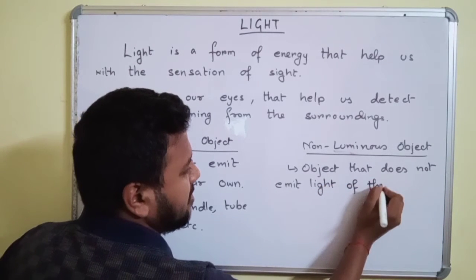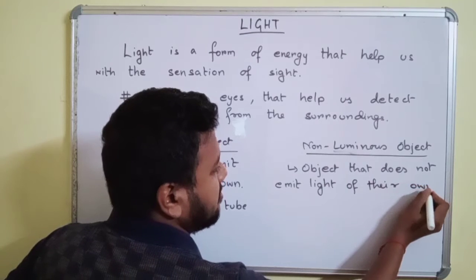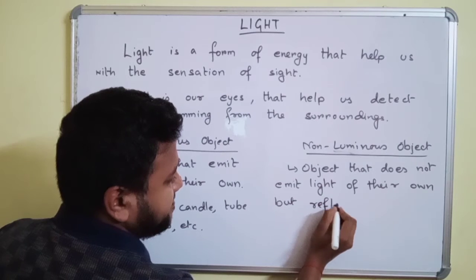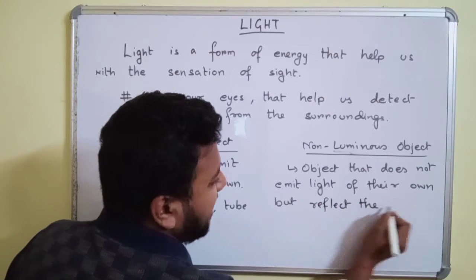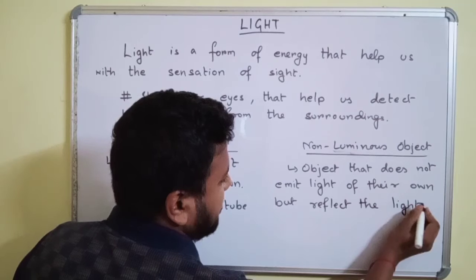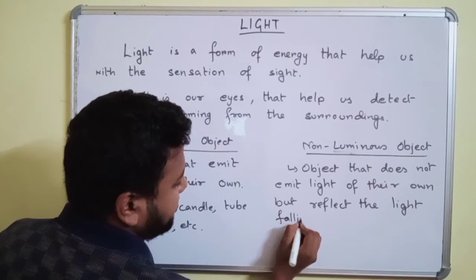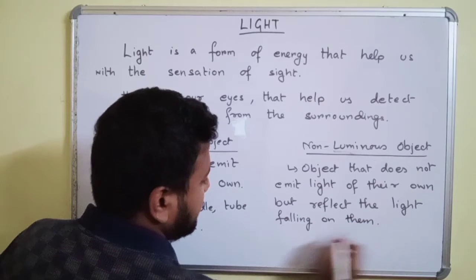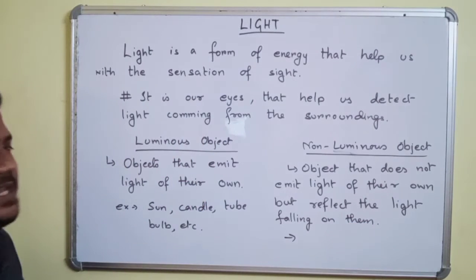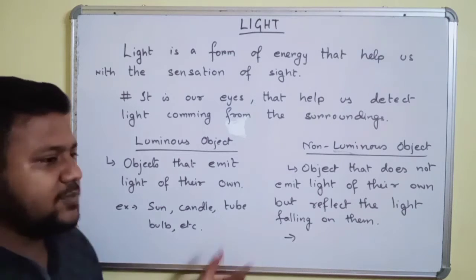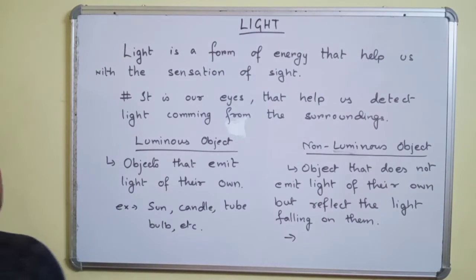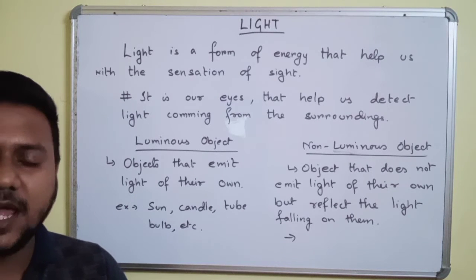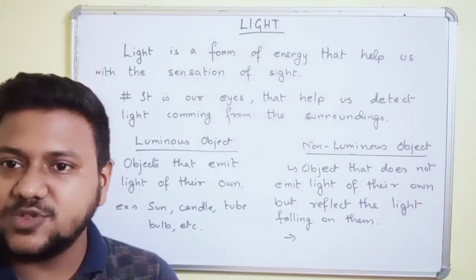Now, if we talk about objects like the blackboard or the pen, or the wall or the fan, or anything that does not emit light of its own, how can we see those objects?